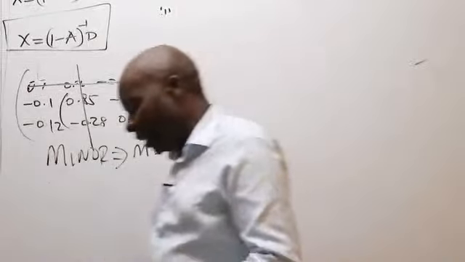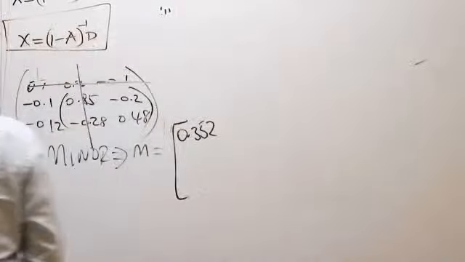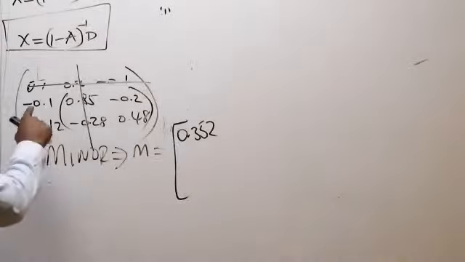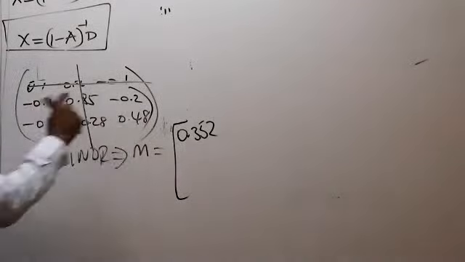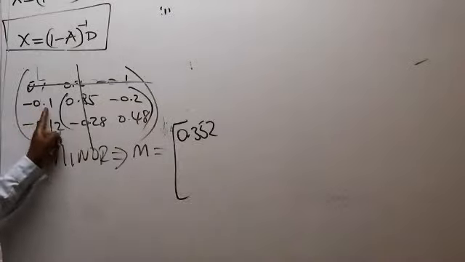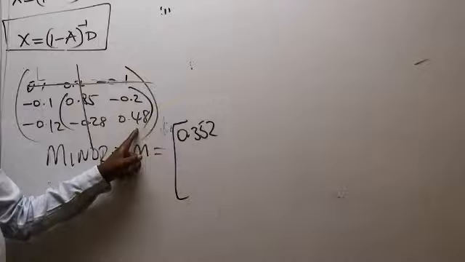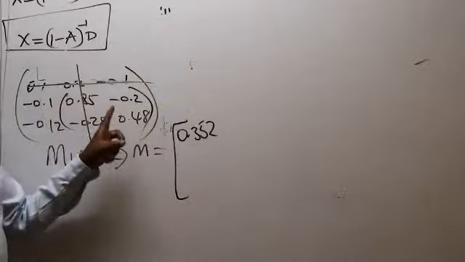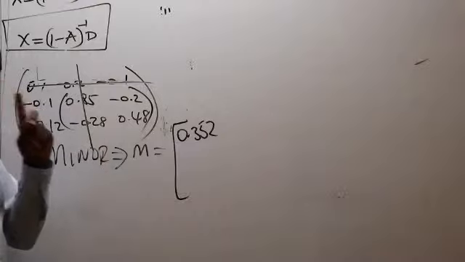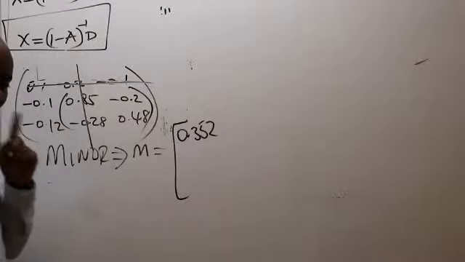I have this and this, primary. Remember primary first. So the primary here should be minus 0.1 times 0.48, and then I say minus, open brackets always for the secondary.